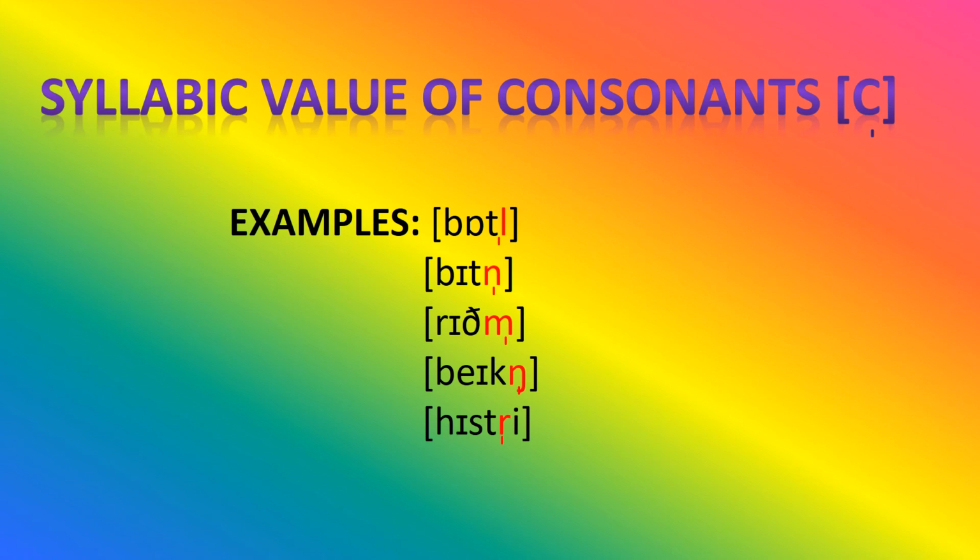It affects the lateral, nasal sounds, and the postalveolar consonant. And what happens is that the consonant takes longer to be produced because it becomes the nucleus of the syllable.